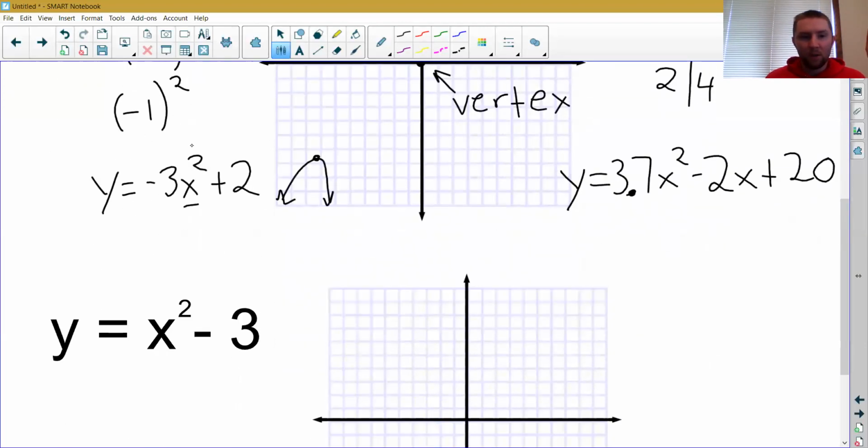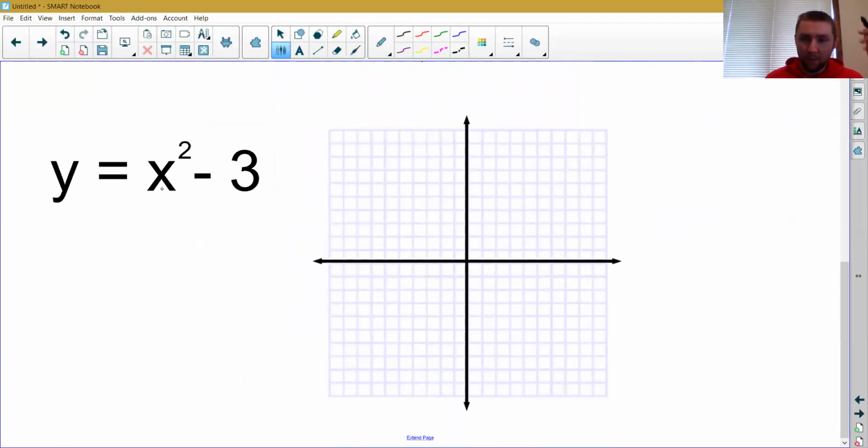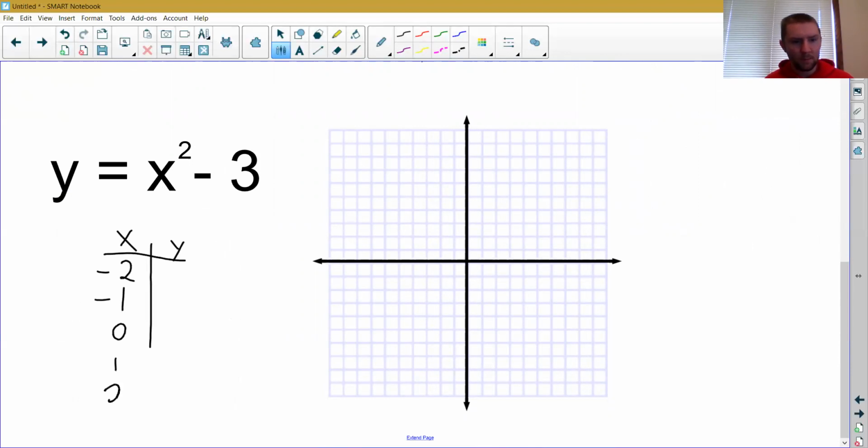Now if I go to a different example, okay, so this function is only slightly more complicated than the previous example, okay? This is still y equals x squared, it just now has a minus 3 on it. So if I make myself a table of values for this function, x, y, if I go with my regular negative 2, negative 1, 0, 1, 2.